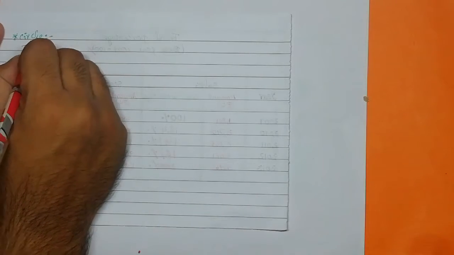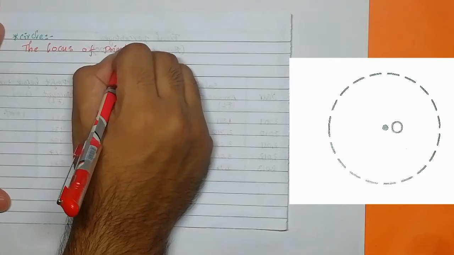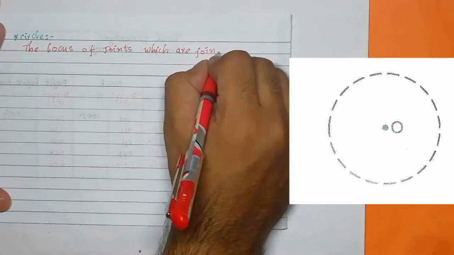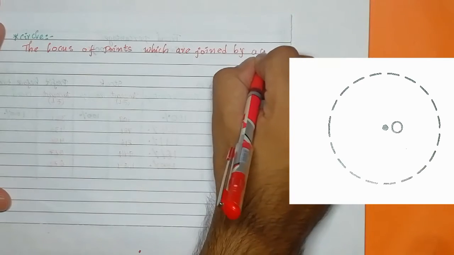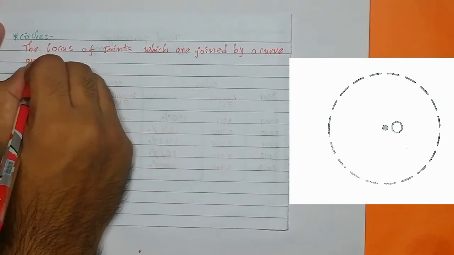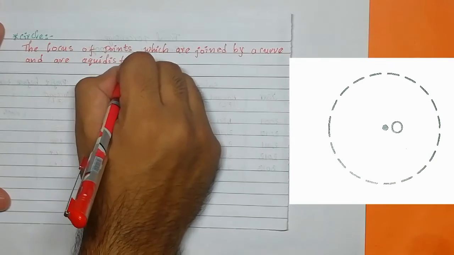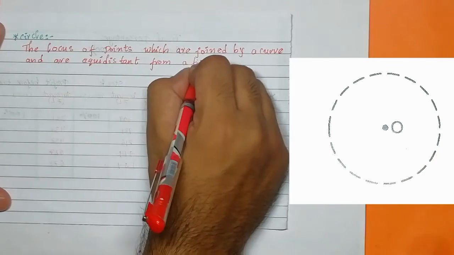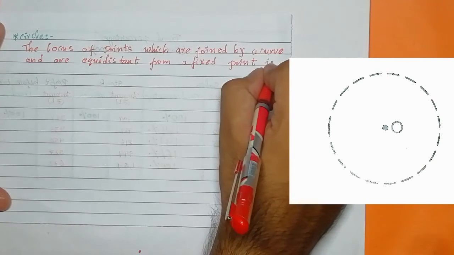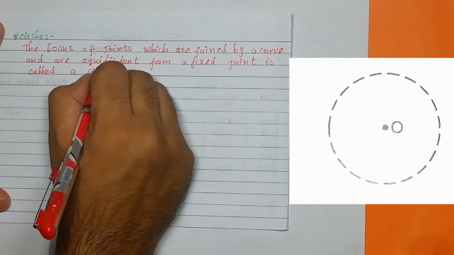Here, the locus of points which are joined by a curve and are equidistant from a fixed point is called a circle.